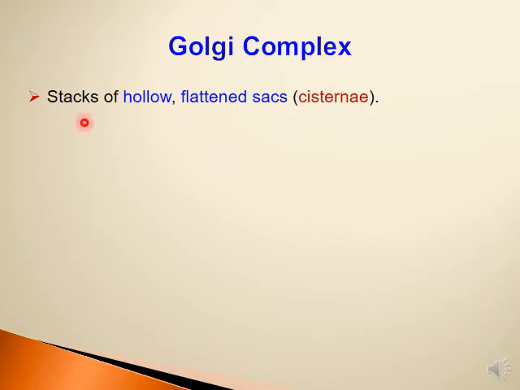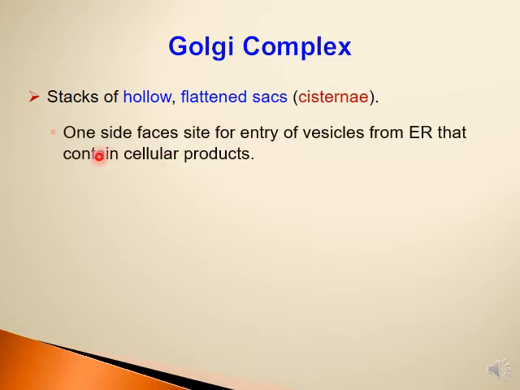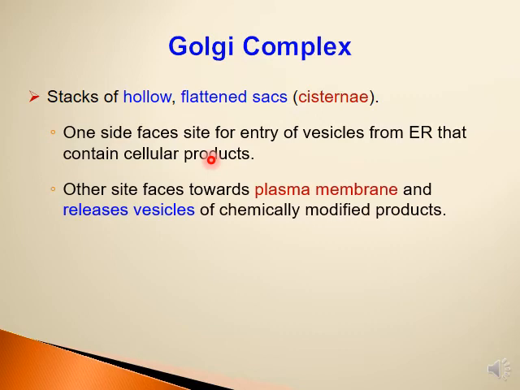So the Golgi apparatus or Golgi complex is composed of stacks of hollow flattened sacs called cisternae. One side of the Golgi apparatus faces the site for entry of vesicles from the endoplasmic reticulum that contain cellular products. So one side is towards the rough endoplasmic reticulum, the other side is towards the plasma membrane.